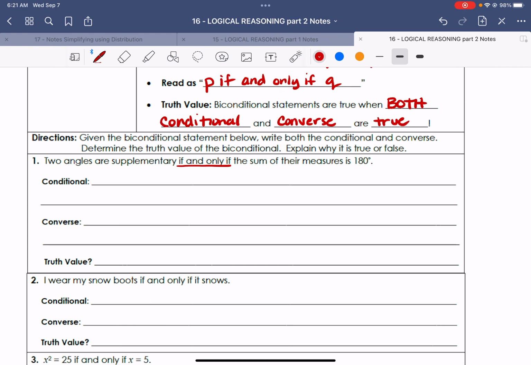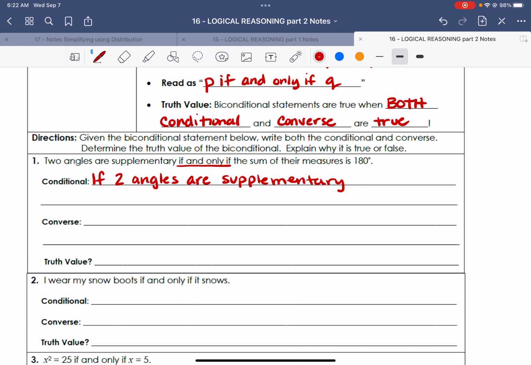So we want a conditional. What's the original? Okay, the original would be if two angles are supplementary, because remember, the conditional is the original if-then statement.